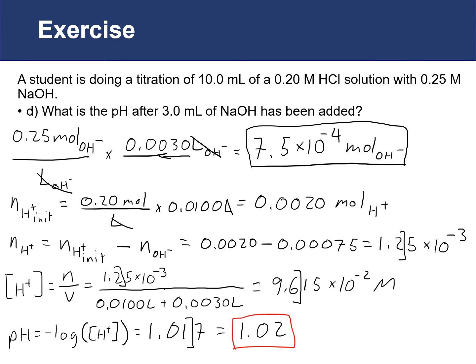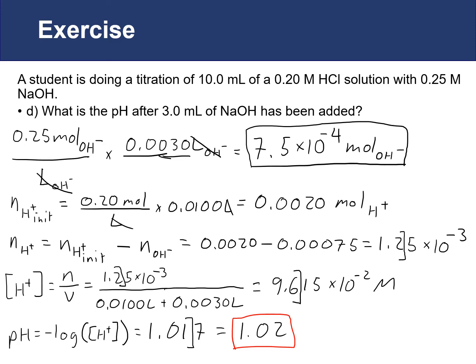Now, if we're doing a similar process, but this time we're putting a strong base at the bottom and a strong acid at the top, you would do the exact same process that we just did, taking into account the neutralization and the dilution, but instead of first calculating the pH, we would be calculating the OH minus concentration, and so you would be calculating the pOH.